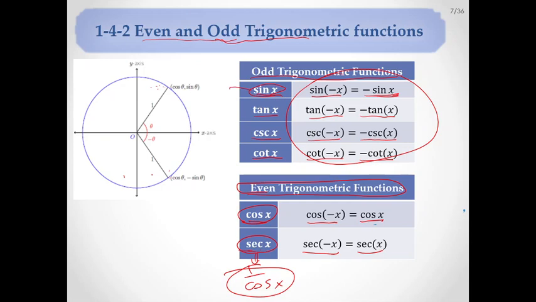Now, sine x, its reciprocal is 1 over sine x. And I want to remind you tangent x, its reciprocal is cotangent x. So sine x and its reciprocal and tangent x and its reciprocal are odd trigonometric functions. And cosine x and its reciprocal secant x are even trigonometric functions.